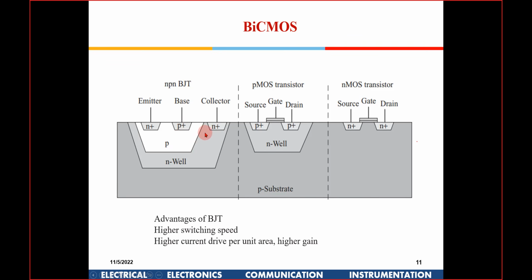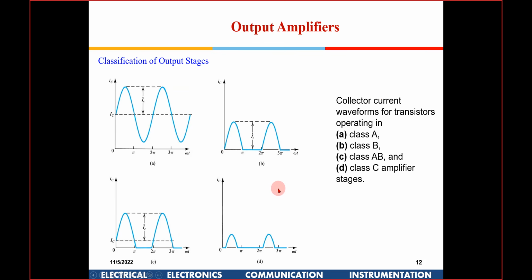Because of this particular structure, the way it is built, you have a P well surrounded by an N well, and you are giving a positive voltage at the N well with respect to the base, so the electrons are more likely to be pulled towards the collector. Okay, so that is known as BiCMOS technology. Okay, so that is done.